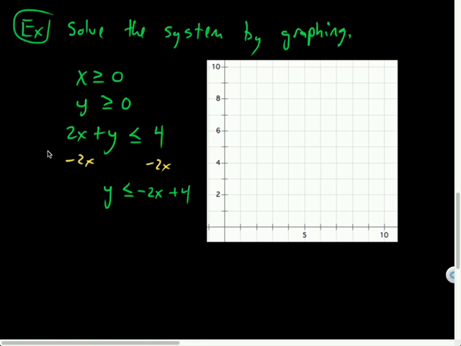Let's graph these. x is greater than or equal to 0. That'll be my blue line. How do I graph that? What kind of line is that? What can you tell me? Solid line. Where is it found? It's on the y-axis. It crosses the x-axis at 0. Yeah.